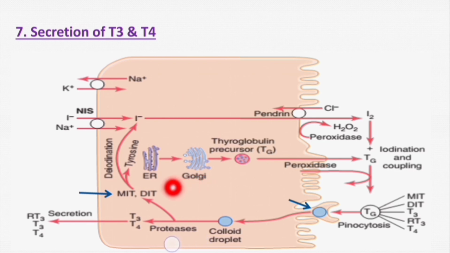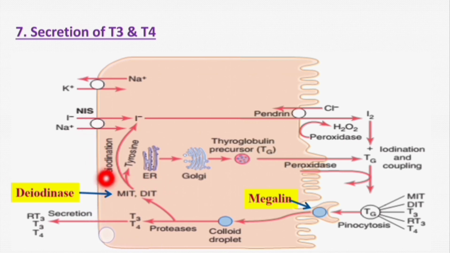Now, we come back to the thyroglobulin. From the structure of the thyroglobulin, some MIT and DIT are also released. When there is cleavage of the thyroglobulin, then along with T3 and T4 formation, some MIT and DIT are also released. Now, another enzyme, deiodinase, acts upon MIT and DIT and causes their deiodination.